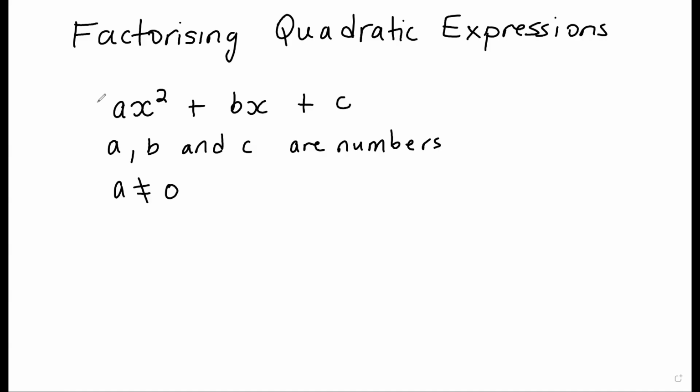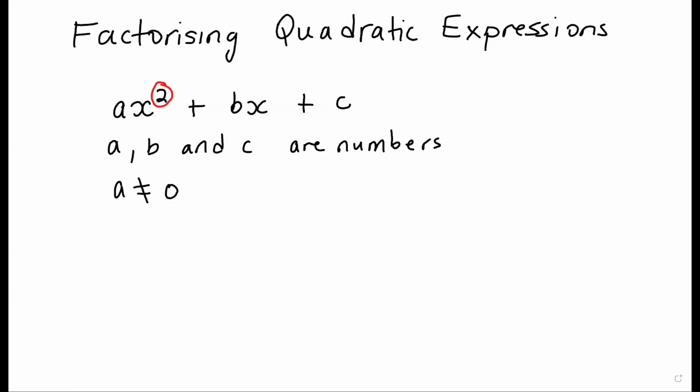So in a linear expression, the highest power of x is 1. However, in a quadratic expression, the highest power of x is 2. So that x squared term is what makes this entire expression a quadratic expression, right?